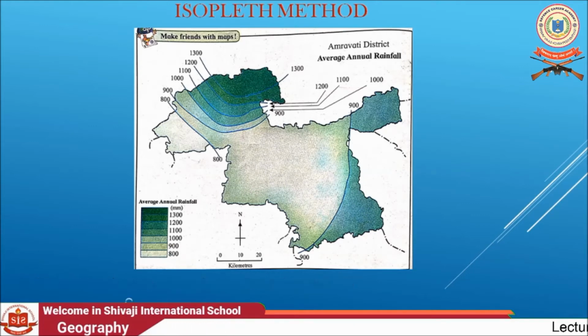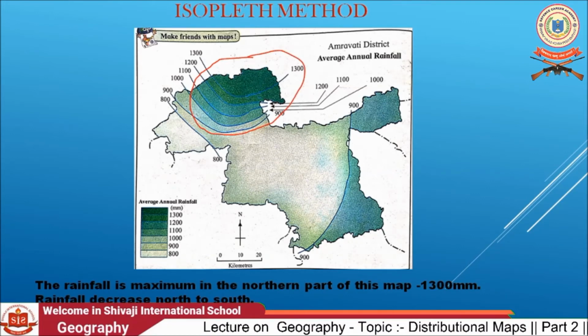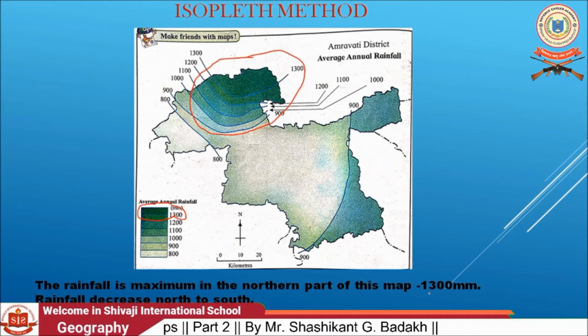In this isopleth map, we note the following points. The rainfall is maximum in the northern part of this map. You can see 1300, the highest value here. So the maximum rainfall we can observe in the north direction is 1300 millimeters, whereas the rainfall decreases from north to south.